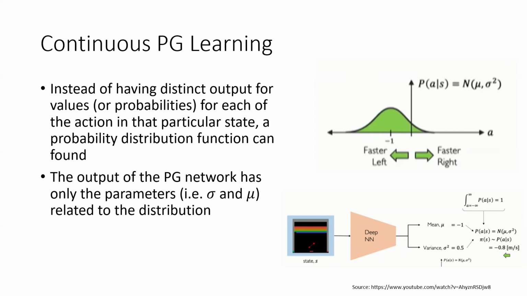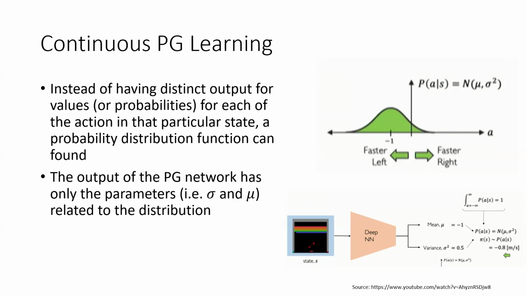But suppose now we want to learn the speed and the direction in which the plate has to be moved in the Atari game. Then you can't use the Q function, because the velocity, the direction plus the speed, is a continuous variable. Maybe you can quantize it into discrete variables, but this is not a good thing.